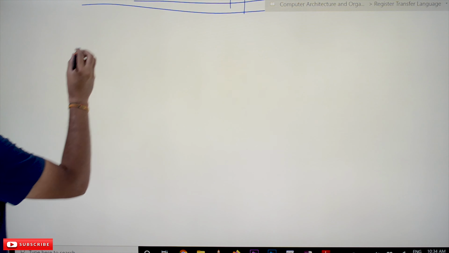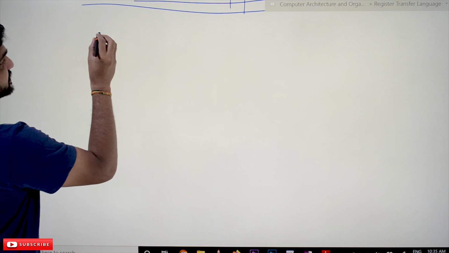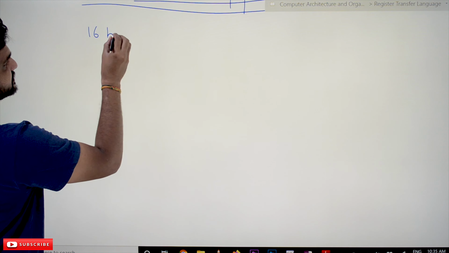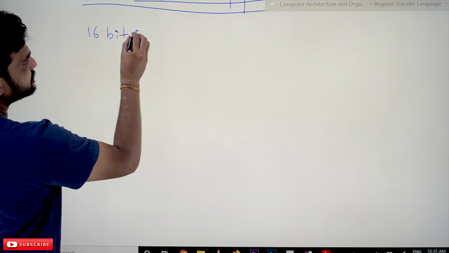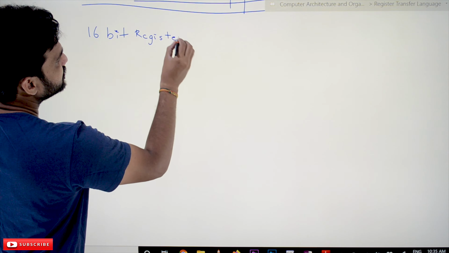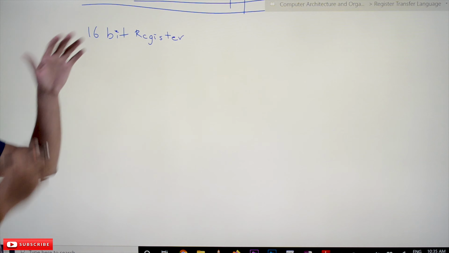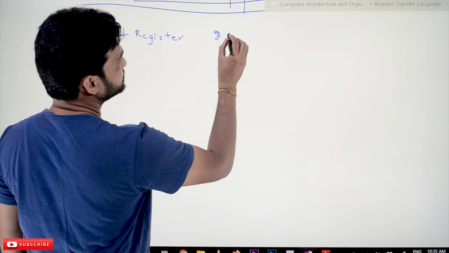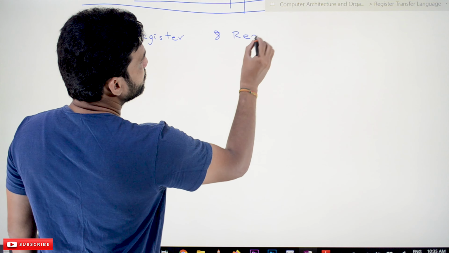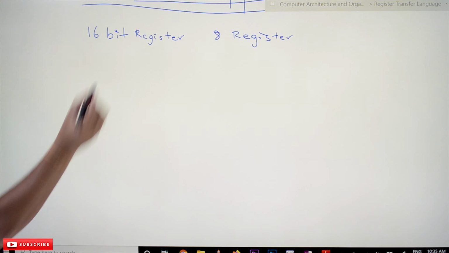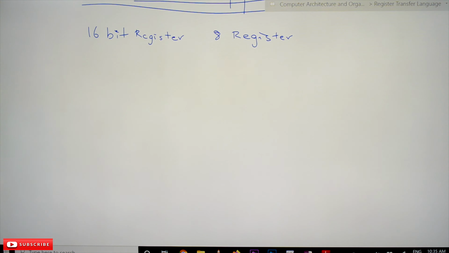For example, I want to create a common bus of 16-bit registers, and in our entire system, we are having 8 registers, and each register is of size 16-bit.